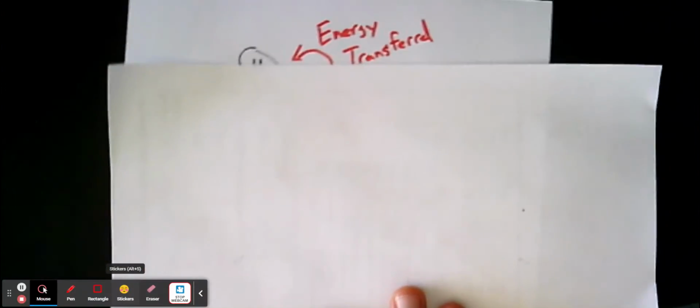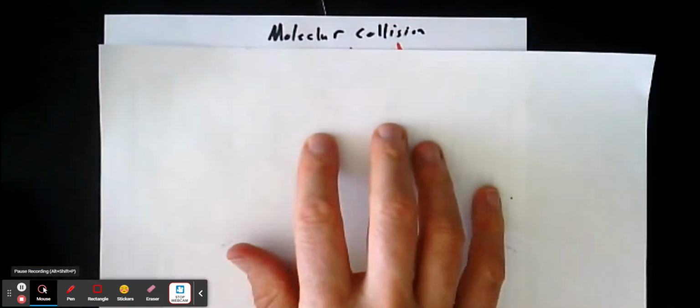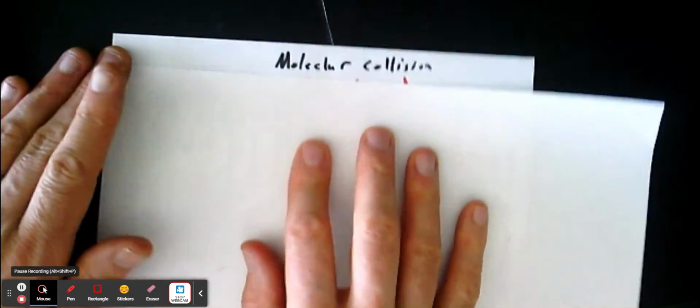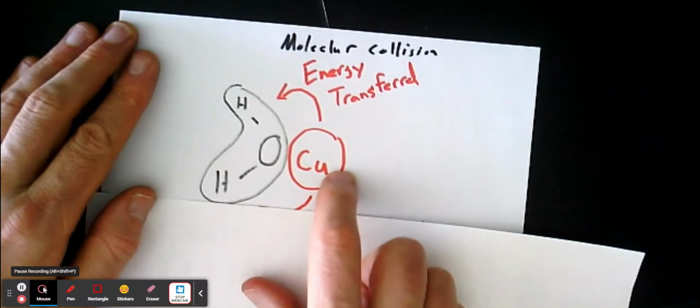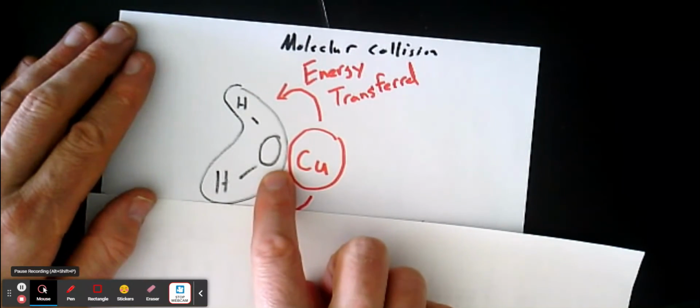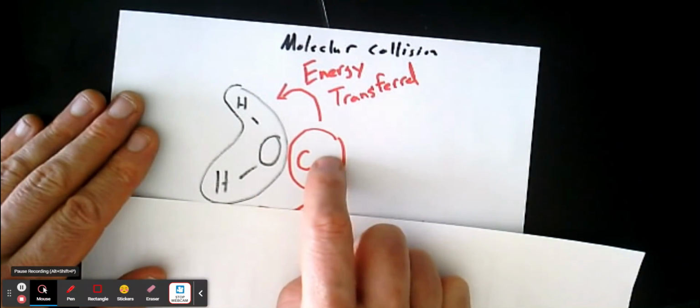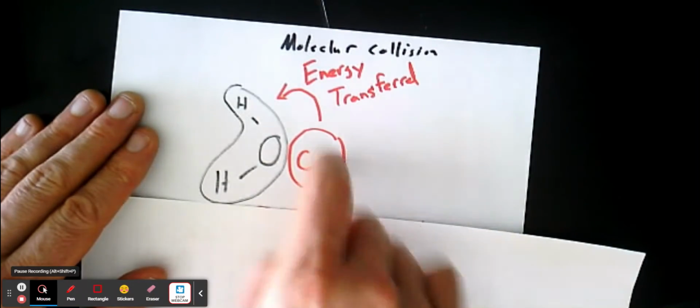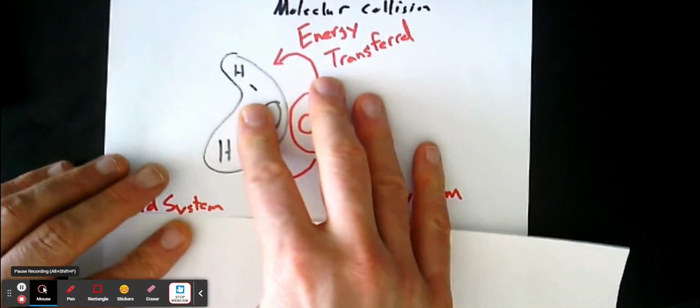Now, just to really be explicit, this is like a molecular collision. A molecular collision, I totally spelled it wrong, would look something like this. I've got those copper atoms hitting these water molecules, and energy is being transferred from the hot copper to the cool water, all right?